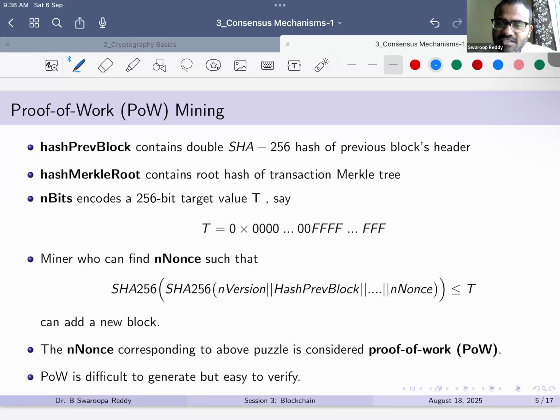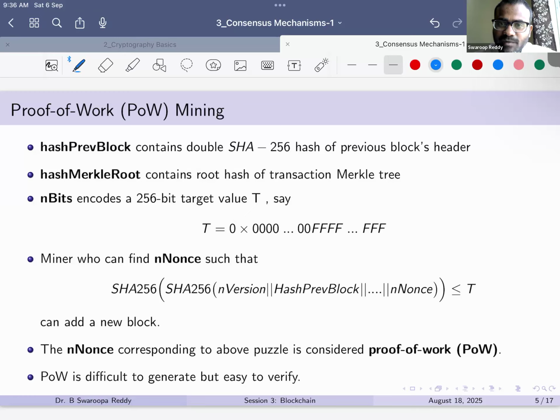He will change the n nonce value and check the value against the t. He will do this step repetitively until this condition succeeds. Otherwise he will repeat again. So this is the mechanism of the proof of work. He computes this double hash and compares with the t by changing the n nonce value until he succeeds in the problem.